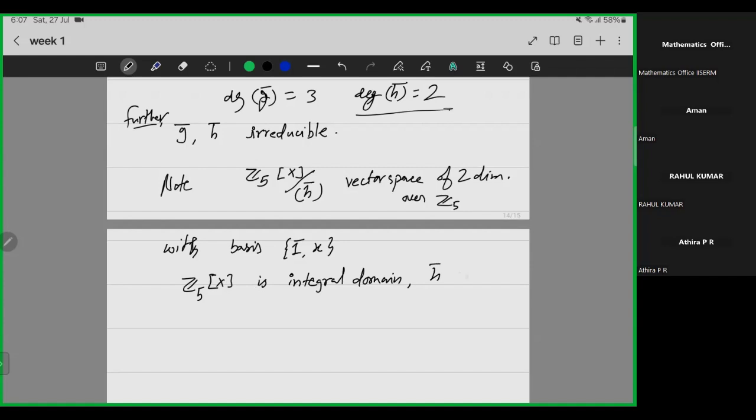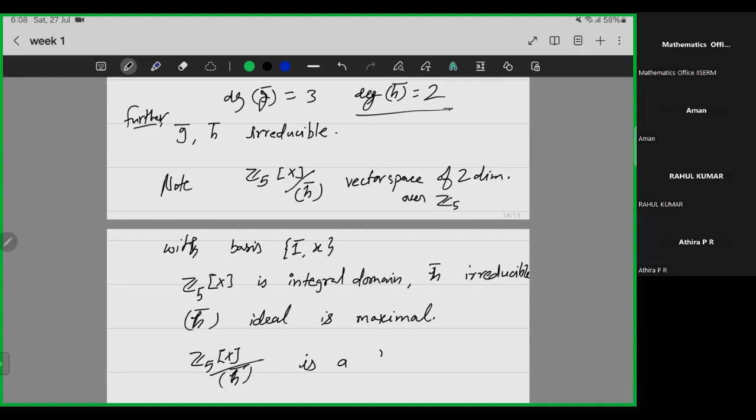And h bar is irreducible. This implies the ideal generated by h bar is maximal. Okay, and this implies that Z5[x] modulo h bar is a field.